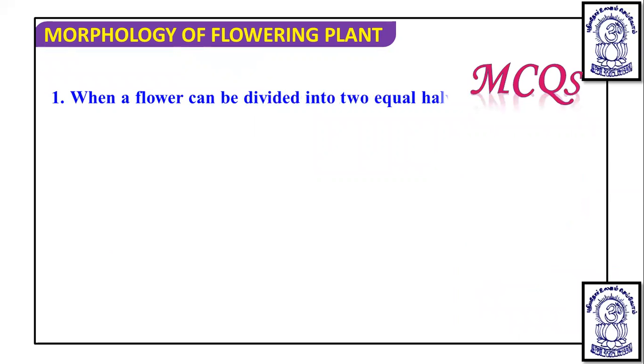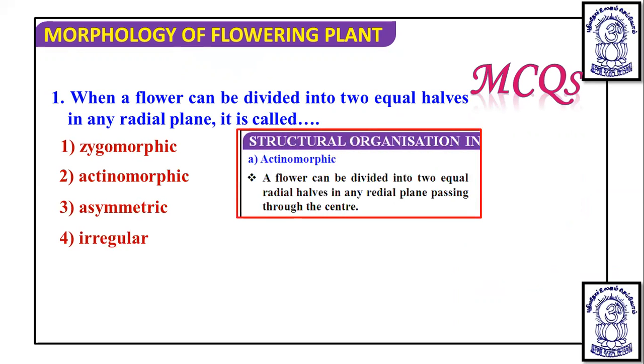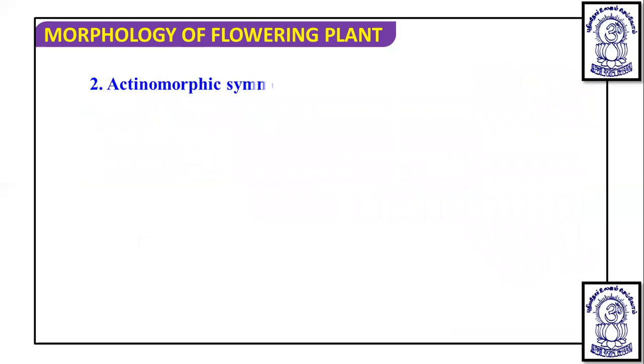Let's talk about some of the MCQs. When the flower can be divided into two equal halves by any radial plane, if the term radial plane is coming, then it is obviously going to be radial symmetry. In plants, radial symmetry is also known as actinomorphic symmetry. So that is going to be the answer. Now, the next question: actinomorphic symmetry is seen in which? We have seen the examples of actinomorphic symmetry like mustard, datura, and chili.